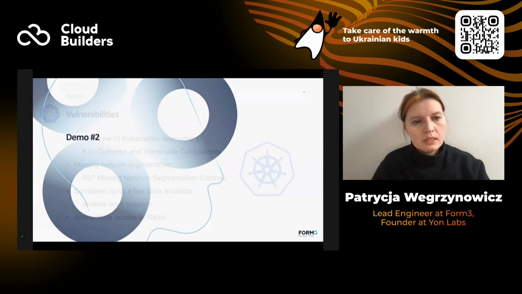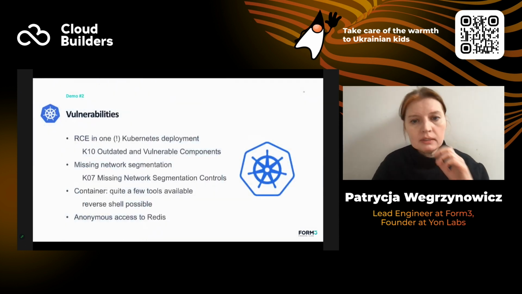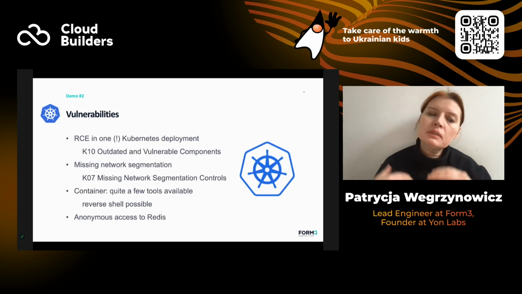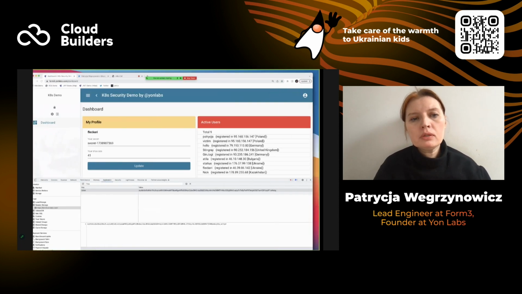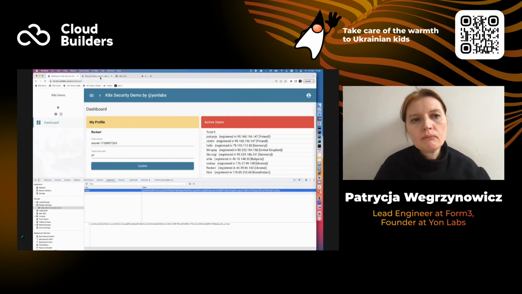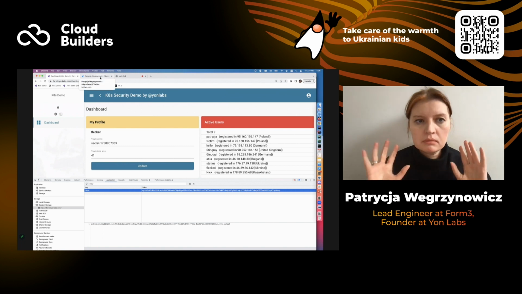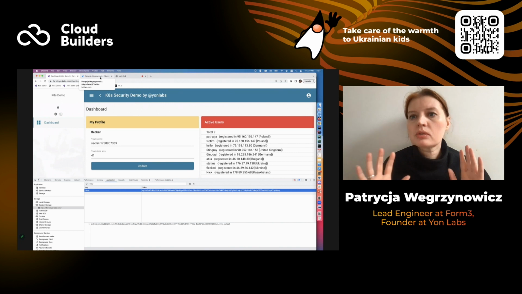So that was the first demo. And the second one is about remote code execution in one Kubernetes deployment. Imagine that you have a closed and secured Kubelet API, so we can't use this reverse shell on the Kubelet level anymore.